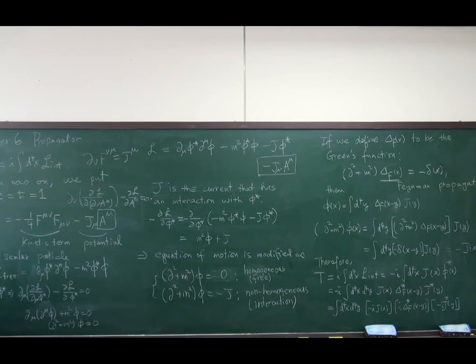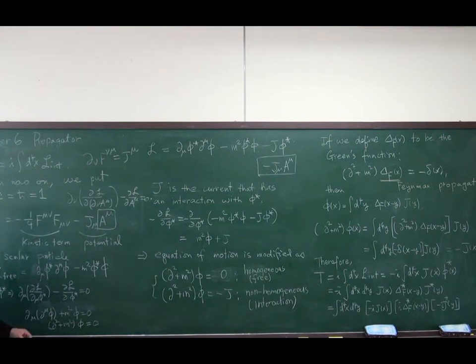So let us copy this result to find some change in the equation of motion for the charged particle Lagrangian. If we first write down the free particle Lagrangian for the charged scalar particle, we have derived this expression. And here phi and phi star are independent fields, because we had introduced two real scalar fields to express the complex scalar field.